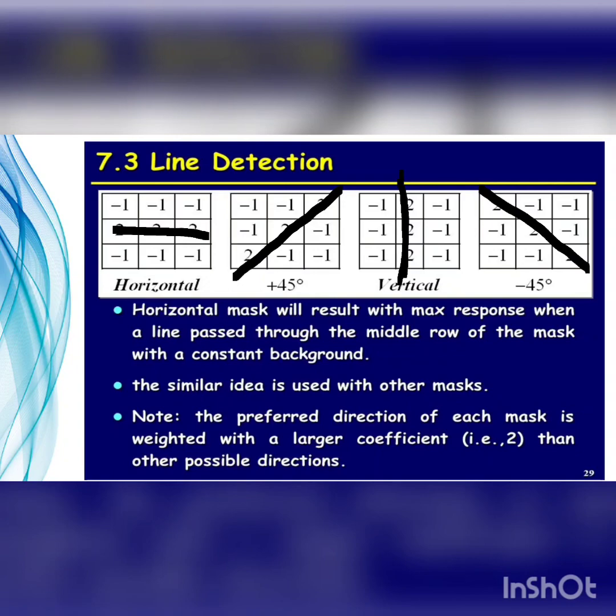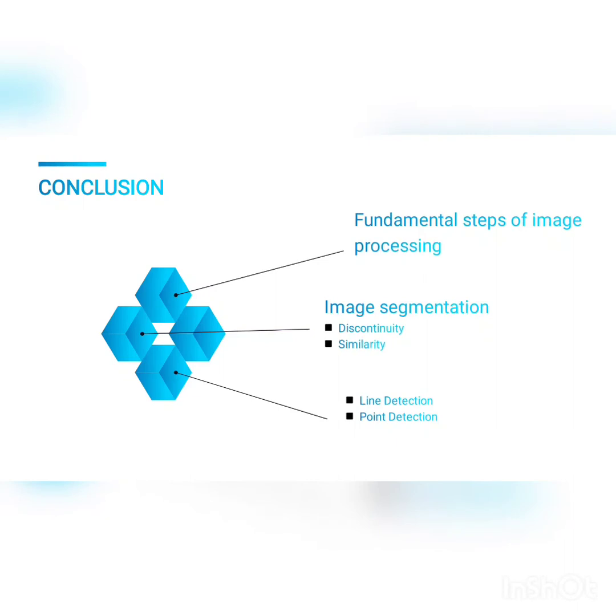Yeah, that's all about our presentation. So let's conclude. At first we discussed the fundamental steps in digital image processing, and image segmentation is one of the processes among them. Image segmentation is segmenting or partitioning an image into different regions, based on properties of image intensity values, that is discontinuity and similarity.